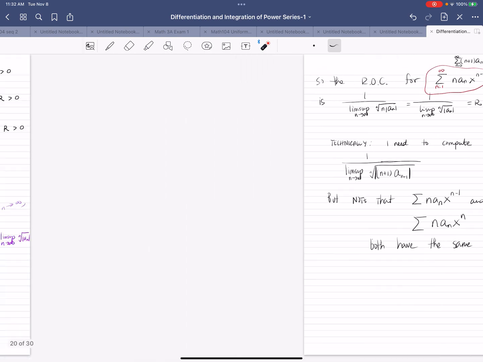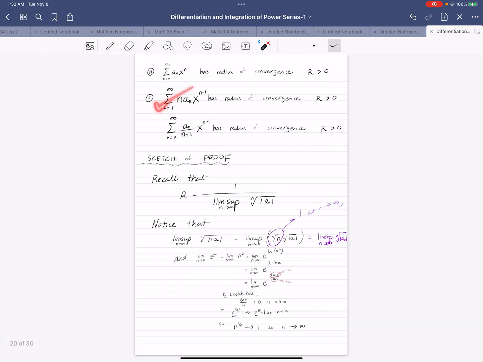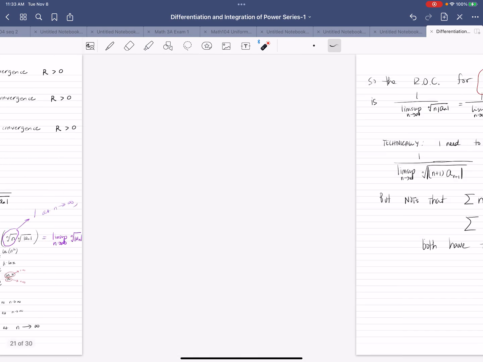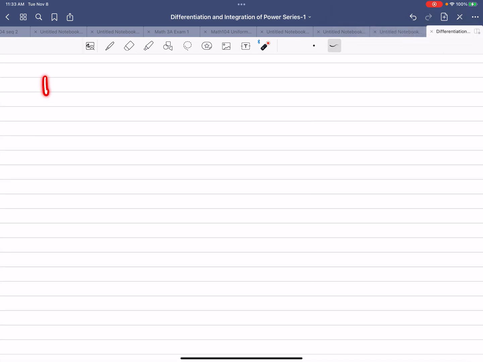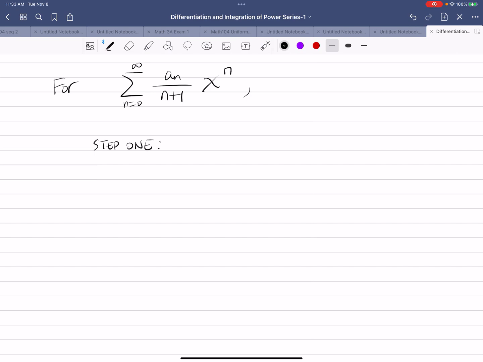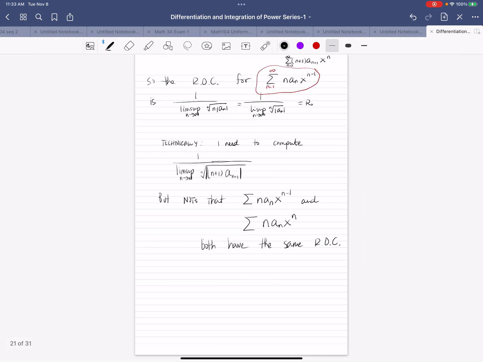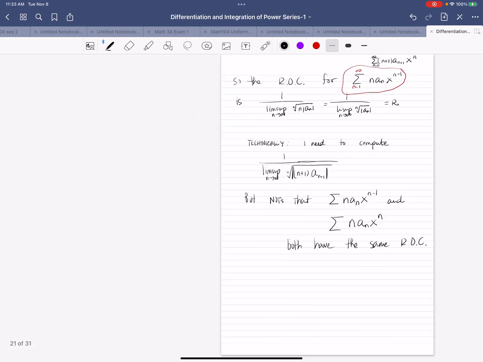We'll get exactly these same computations. Okay, and then similarly, we did the first one here, so let's do a sketch of the second one. Similarly, first let's note this is a sub n over n plus 1. So we'll just say here 4. The series with a sub n over n plus 1, x to the n. Step 1 would be, where's that n plus 1? Let me just, yeah, x to the n plus 1.